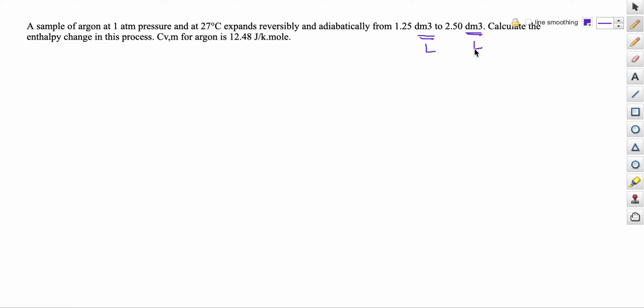Calculate the enthalpy change in this process. And here the molar heat capacity at constant volume for argon is given as 12.48 joules per Kelvin per mole. So what should we do here? Enthalpy change in this process.